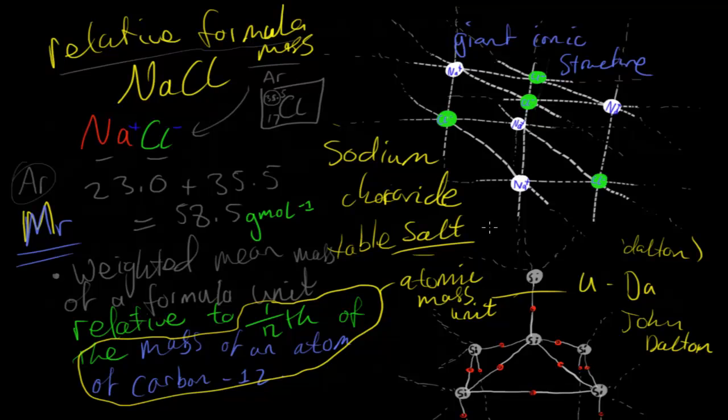This is a giant covalent structure, because this would extend out in many different directions. I've just drawn a simple part of it for simplicity, and this is silicon dioxide. We call it silicon dioxide because it has the formula SiO2.